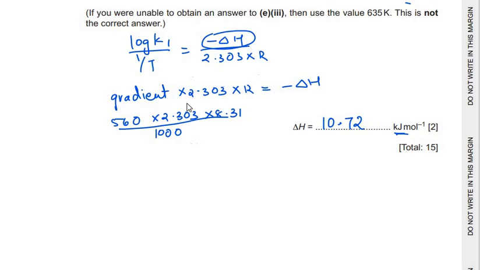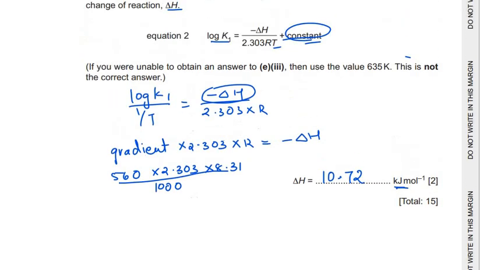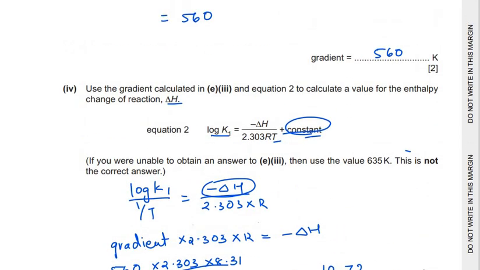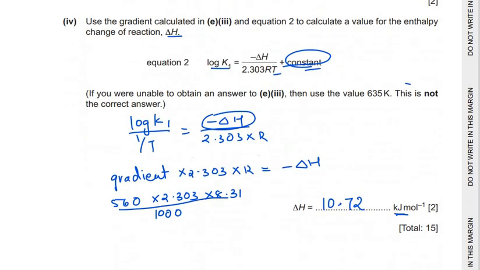I hope the calculation of gradient and rearranging the equation to use the gradient and find out the delta H value is very clear. You can have a look again. We rearrange the equation to get the gradient on one side, because gradient was the value which we had taken on the y-axis, that is log k1, and the x-axis value, that is 1 by T, 1 by temperature, is taken on one side, and the other values are kept on the other side.